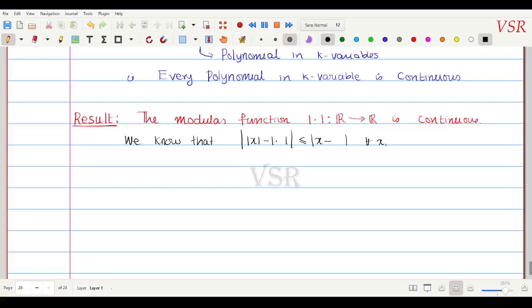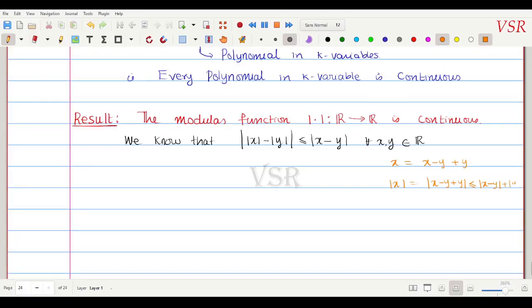Okay, mod x minus mod y is less than or equal to mod x minus y, for every x, y belongs to R. இது வந்து எப்பவுமே true because by triangular inequality, x can be expressed in this way, x minus y plus y ன்னு எழுதலாம். அப்போ modulus of x, which is equal to modulus of x minus y plus y, this value is less than or equal to mod x minus y plus mod y.